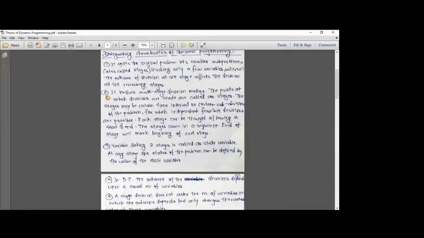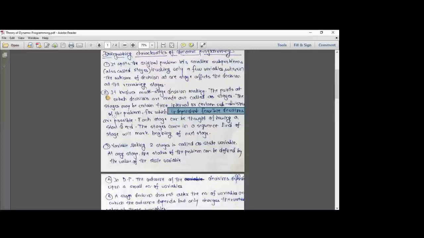The stages may be certain time intervals or certain subdivisions of the problem for which independent feasible decisions are possible. Why is it not taken on a regular basis? Because we cannot take independent feasible decisions every now and then, right? So a particular time interval or a particular subdivision has been identified.